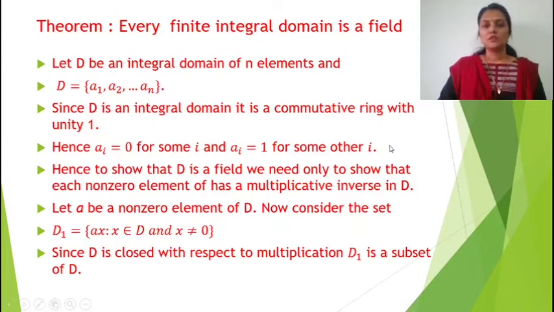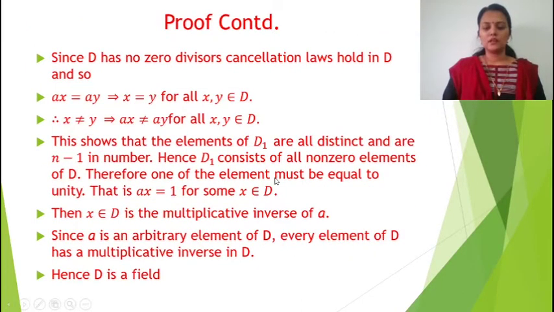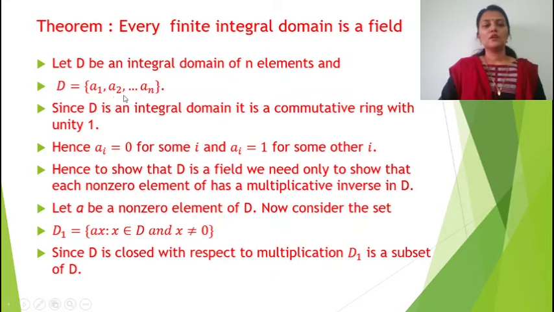So there should be two distinct elements 0 and 1, and one of these a1, a2, ..., an is 0 and one of these is 1. To show that D is a field, we need only to show that each non-zero element of D has a multiplicative inverse in D. So let A be a non-zero element of D.